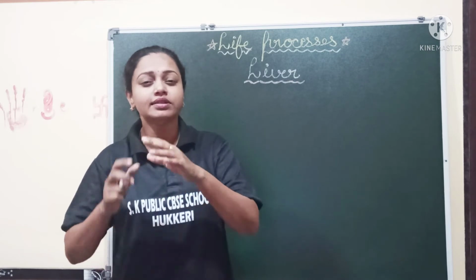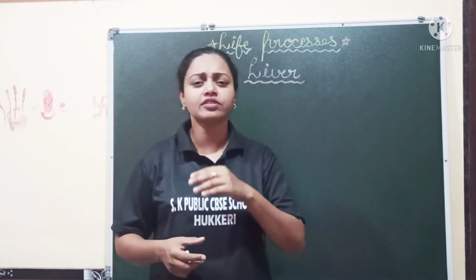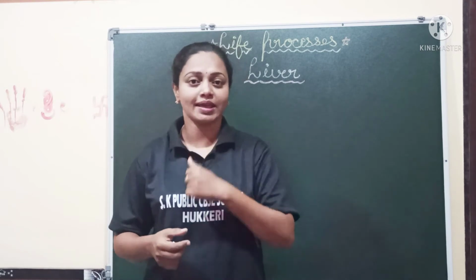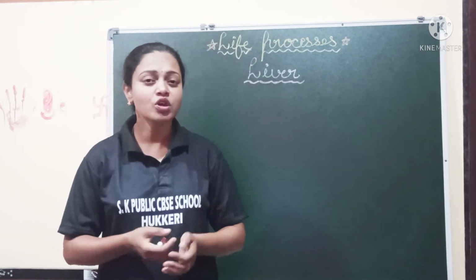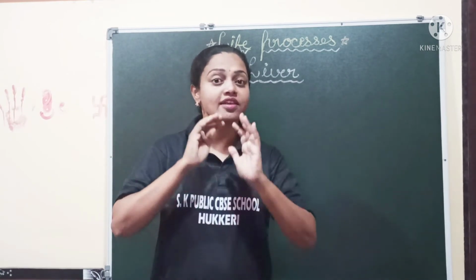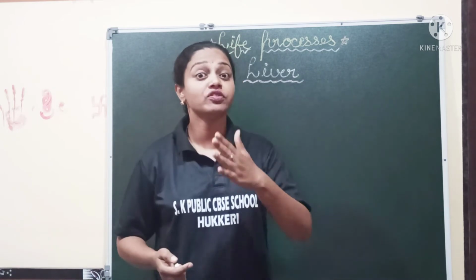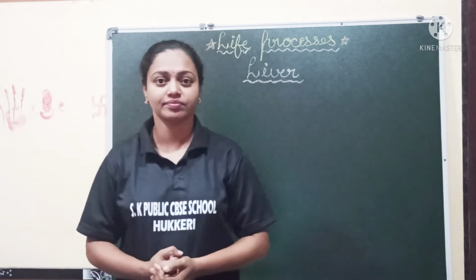This organ is dark reddish brown in color due to an extensive blood supply. So you know where it is situated and how the external structure of the liver looks. Now let's study the functions of the liver.